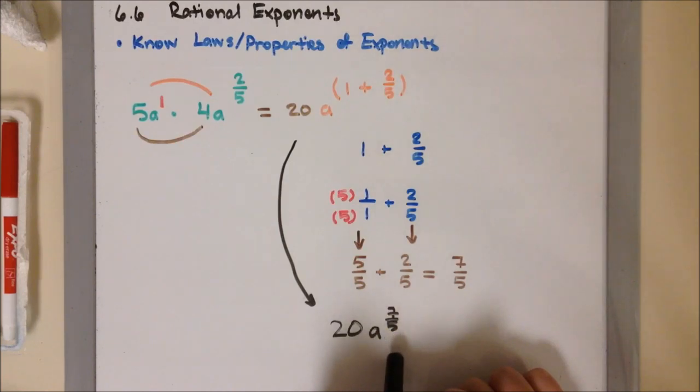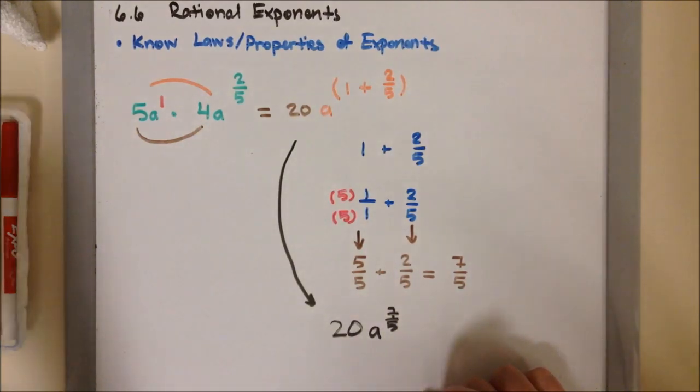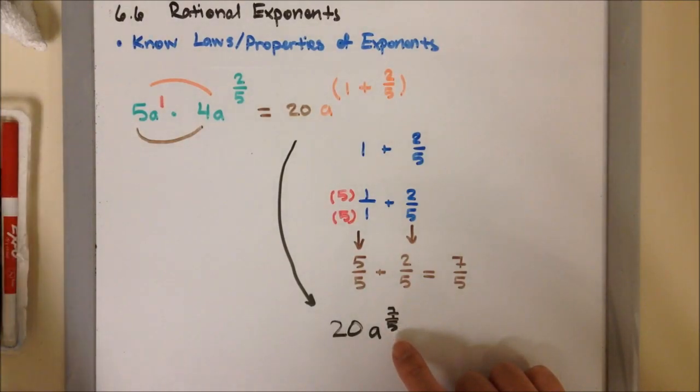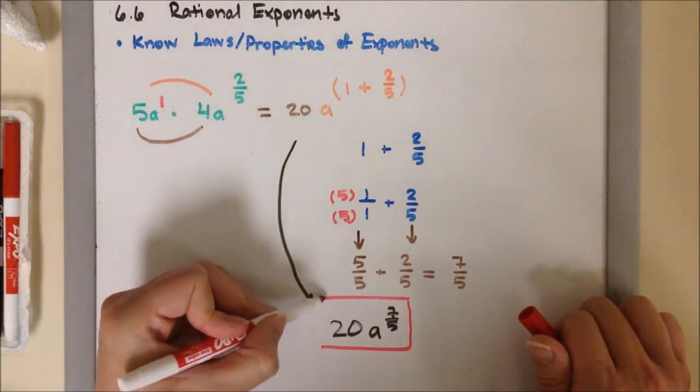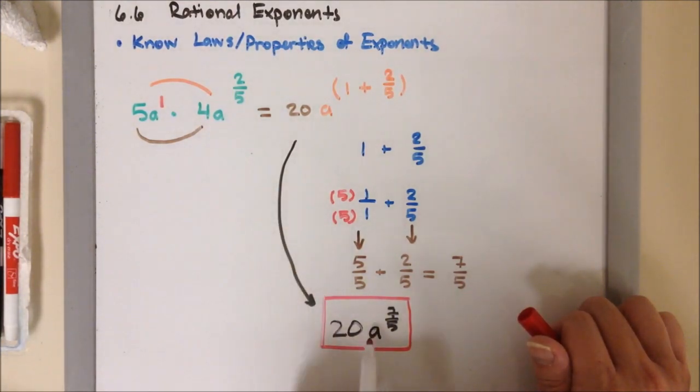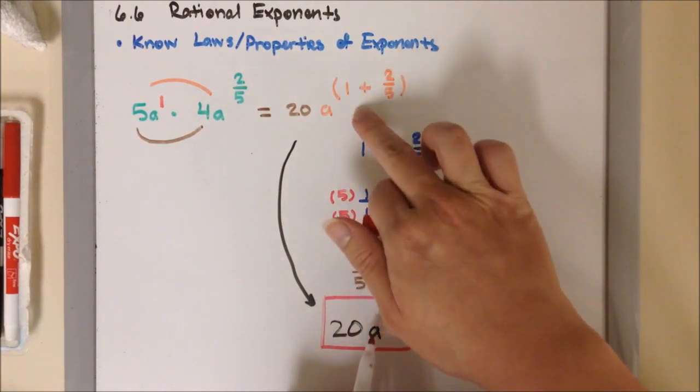Don't write it as the size of a base. If you do, then you're giving me a confusing answer, and I will check off partial credit for that. So keep the size of your rational exponent the size of an exponent on your a, just like how I have done it. So 20a to the power of 7 over 5, 7 over 5 came from 1 plus 2 over 5.